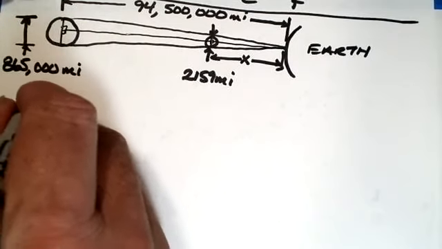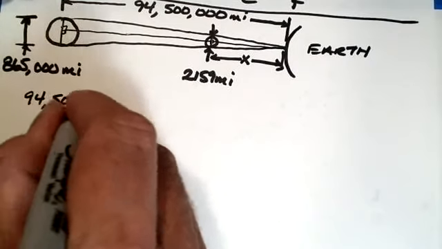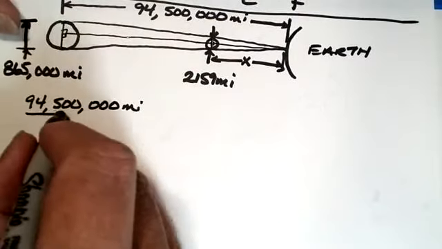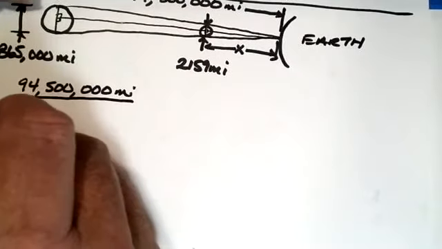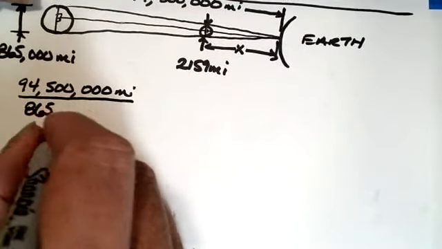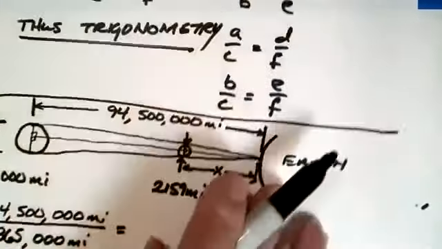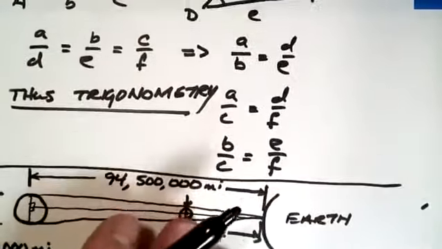So 94,500,000 miles divided by the diameter, 865,000 miles, is equal to, well, this is the situation where you're comparing two triangles together.